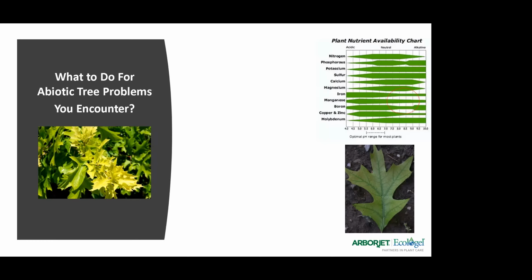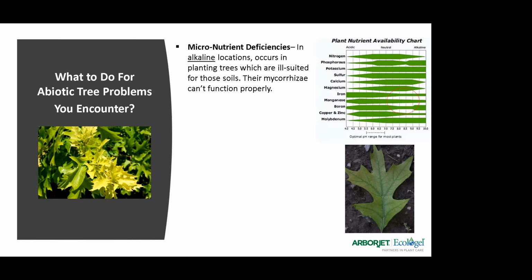And typically what we'll see in alkaline soils on trees that are not meant to be grown there is that these nutrients are deficient and the tree is chlorotic, like you see in the picture on the far left. So it really means that in most cases, the tree's mycorrhiza, which are the fungi that are associated with tree roots, are simply not happy there. They don't grow well. And if they don't grow well, then the tree roots can't pull in adequate water and nutrients, so the trees struggle.